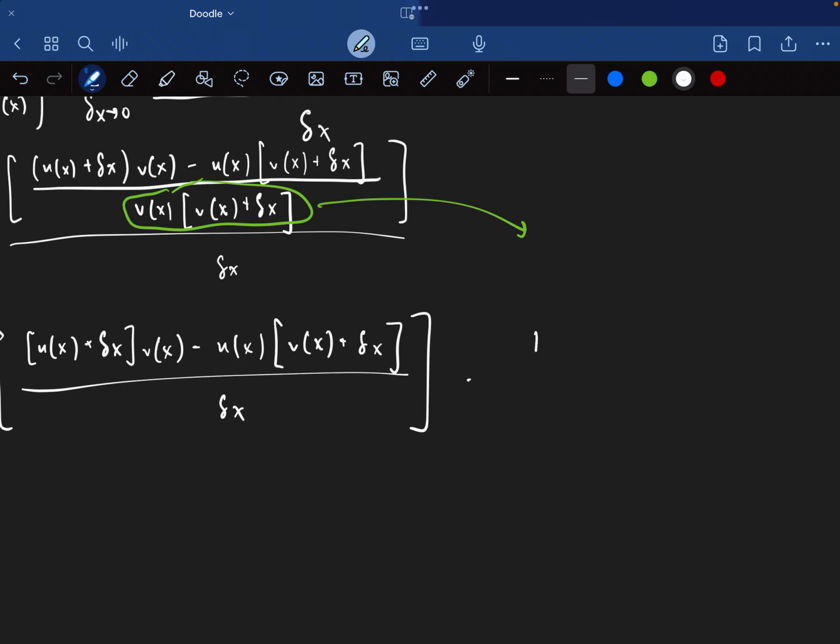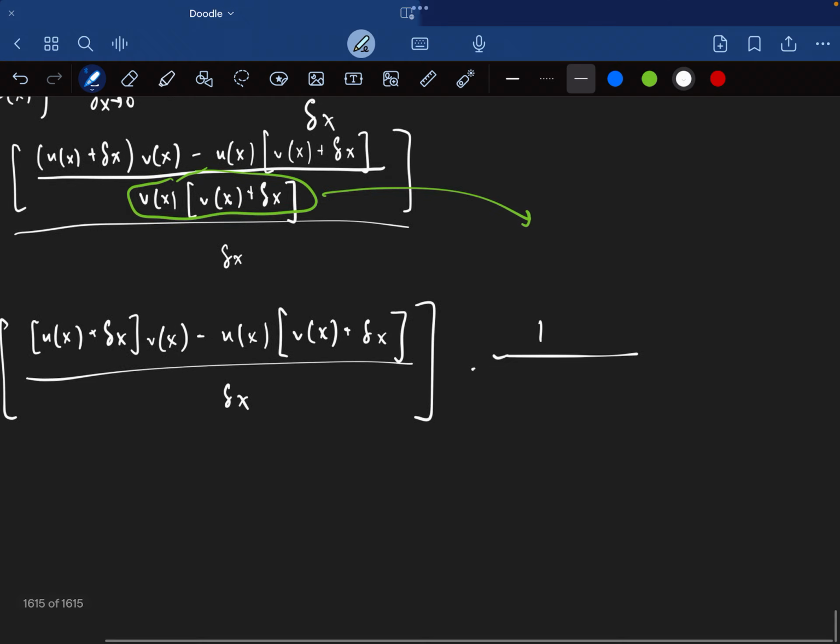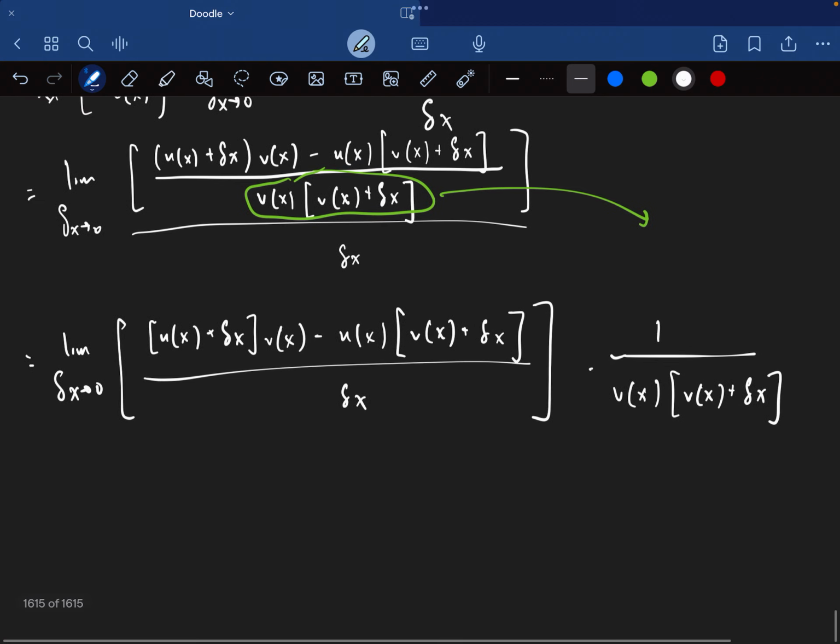So this is by itself, and then it multiplies by the 1 over this denominator that we have taken out. Let's just leave this aside, and we'll just focus on this.